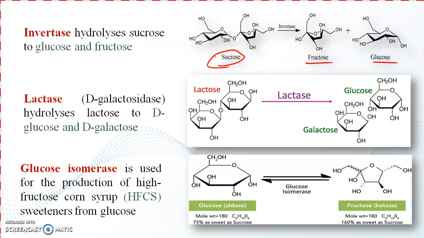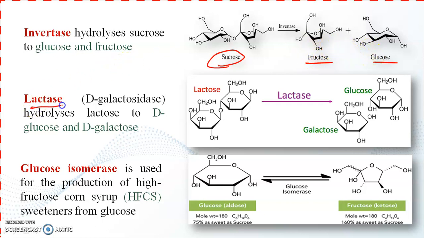The products which are made up of sucrose have the problem of crystallization. So what we do is convert the sucrose into fructose and glucose by using the invertase enzyme. By doing this, the solubility increases and crystallization is prevented. In addition to this, the sweetness is also increased.